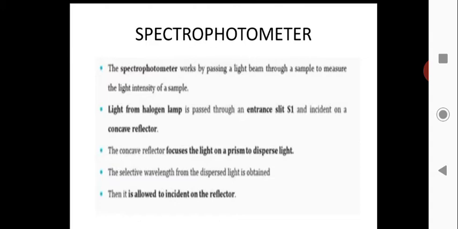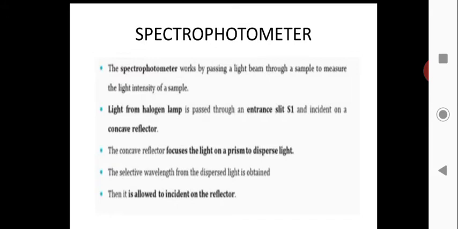The light intensity means if you are passing a particular monochromatic light into the sample, this sample may absorb some of the light and it will pass only a particular intensity of the light. So the light passed through the sample, the intensity may vary. Depending upon that, we can determine the total number of particles present in the sample.